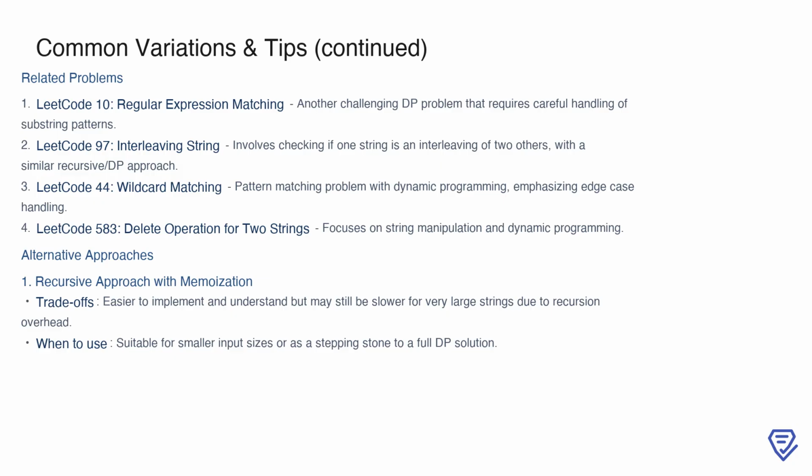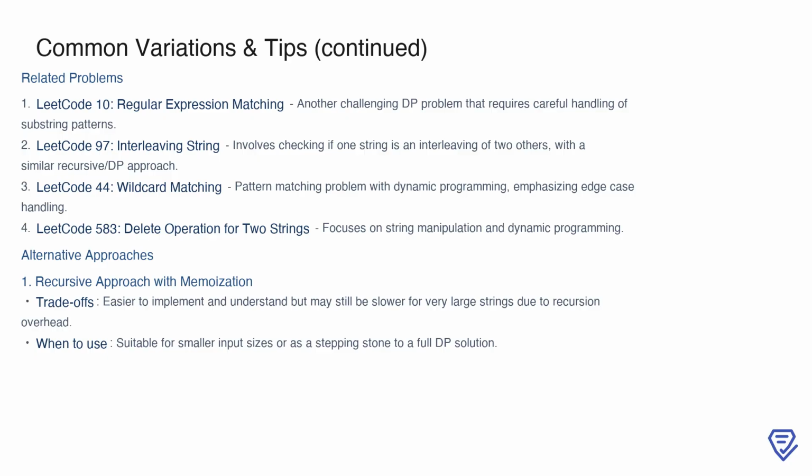This problem has strong connections to other dynamic programming challenges, which can help you recognize patterns and apply transferable strategies. For example, LeetCode 10, regular expression matching, is another problem that requires careful handling of substring patterns using DP. Similarly, LeetCode 97, interleaving string, involves checking how one string can be formed by interleaving two others, employing a recursive and dynamic programming approach.